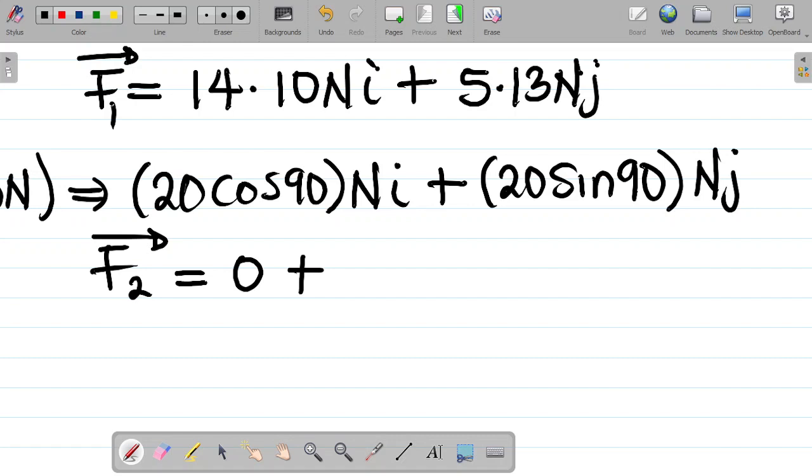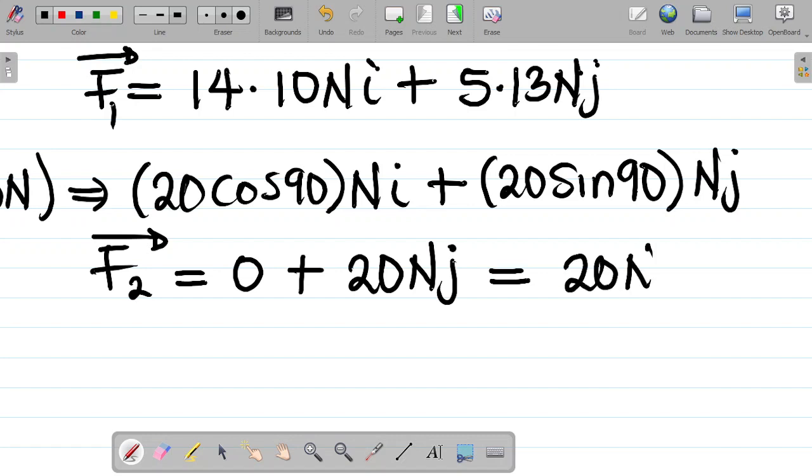Sine 90 gives you 1, please. 20 sine 90 gives you what there? 20. So I have 20 Newton, of course, put the J. 0 plus anything is that thing. So it becomes 20 Newton J. So here's the value for F2.